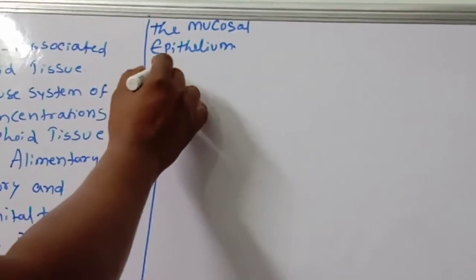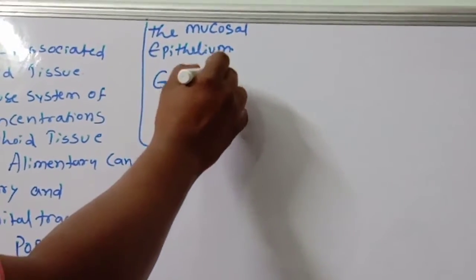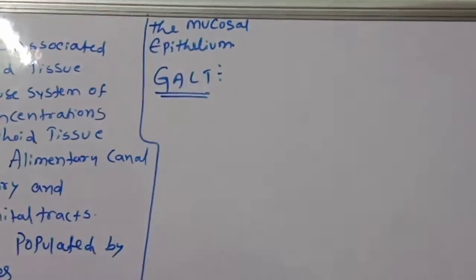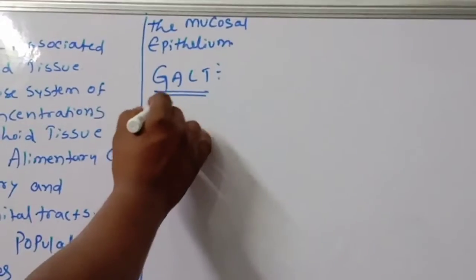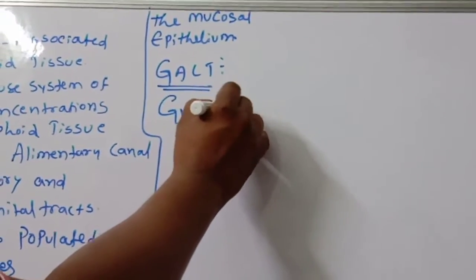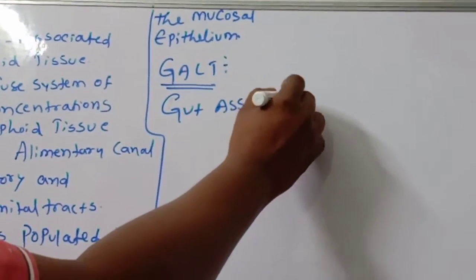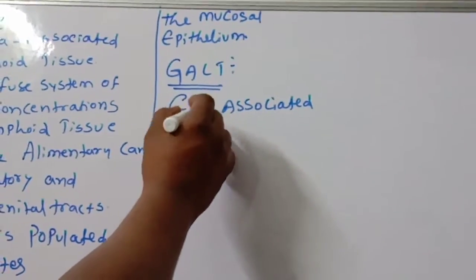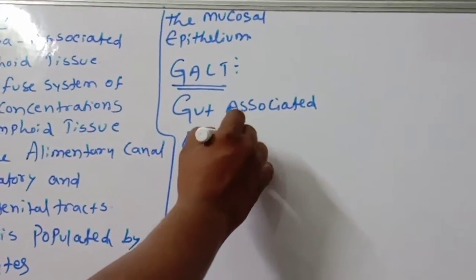Next, GALT. GALT means gut associated lymphoid tissue.